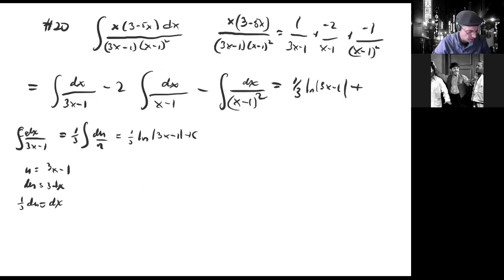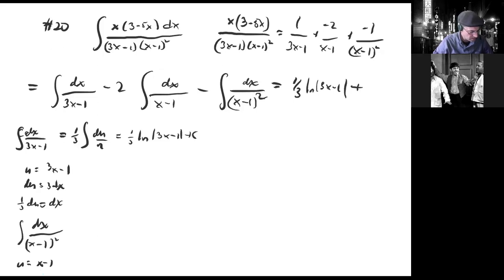Okay, so now the next integral we have to do is the integral of dx over x minus 1 squared. And for that, we're going to let u equal x minus 1. Du is then dx. Losing some screen here.